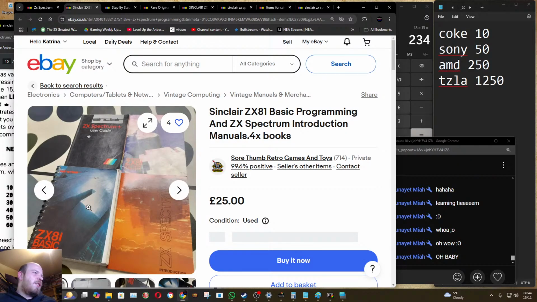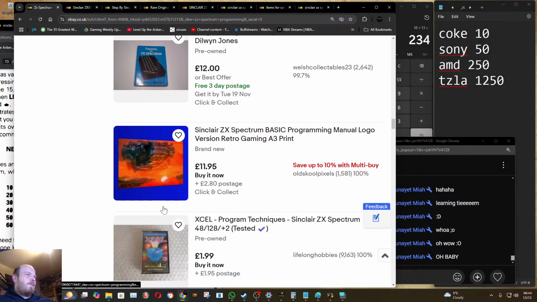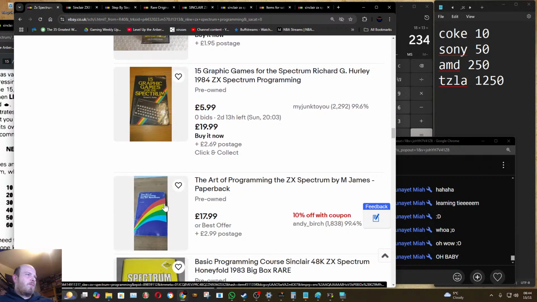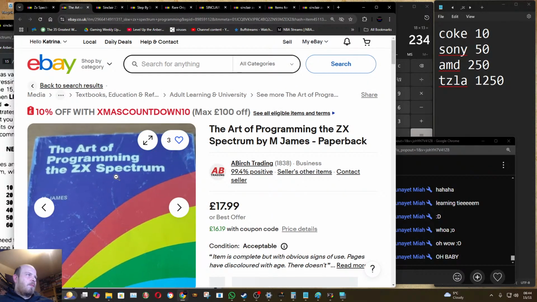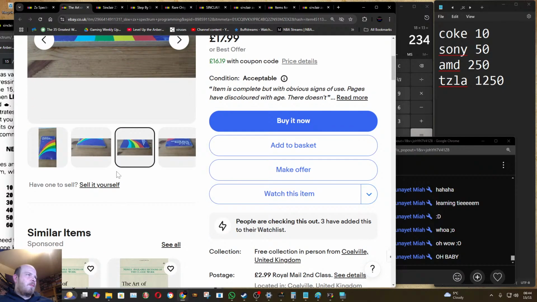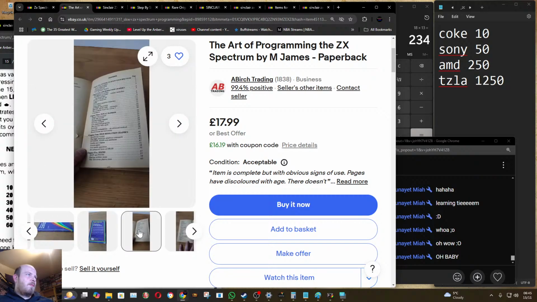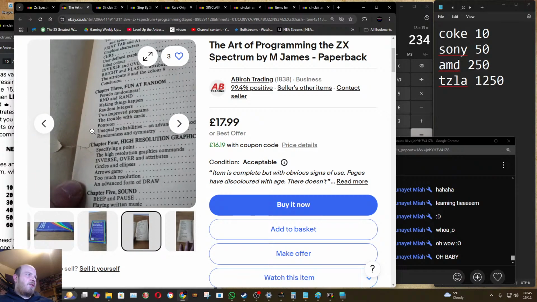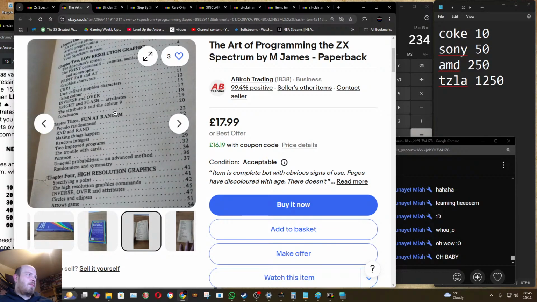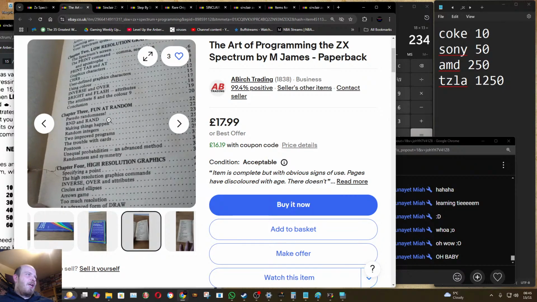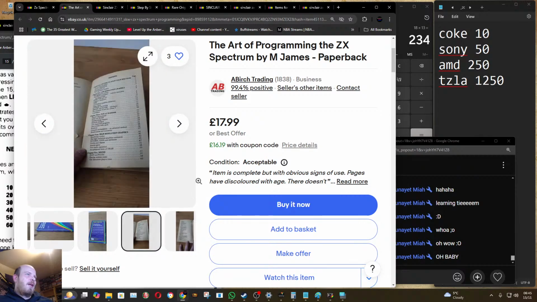This one has got the older ZX81 as well. How to do. It's got some ripped pages. Look, it's actually got stuff where it tells you how to make card games and stuff. That would be so sick. Like, that book would be pretty cool.